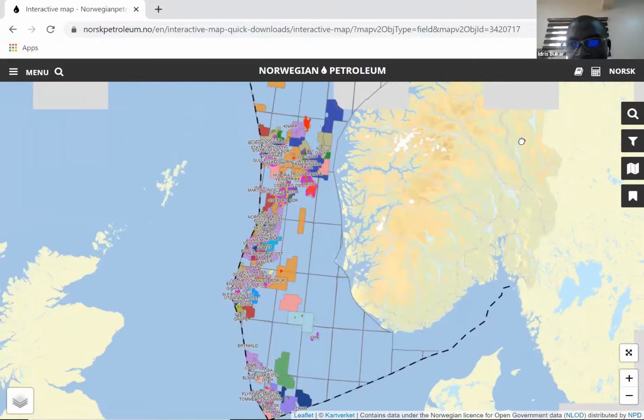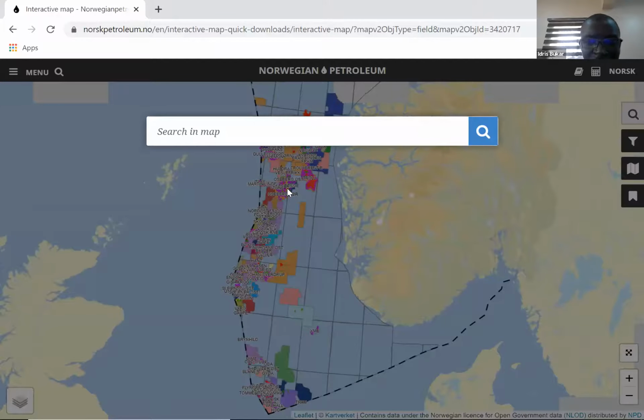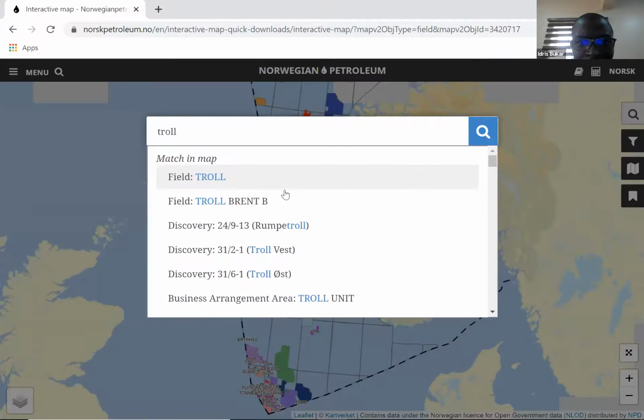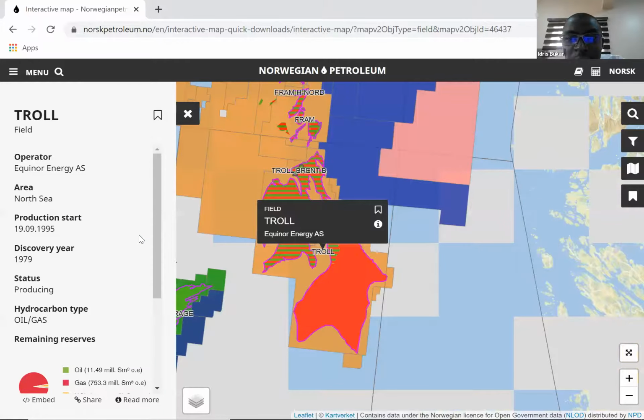And this is how I got the Troll field, right? So you go Troll, field Troll, and it takes you there. And the interesting thing is, it doesn't just show the blocks. It actually shows the shapes of the reservoirs as mapped, and what is in there, and some little information, discovery year, and what have you.